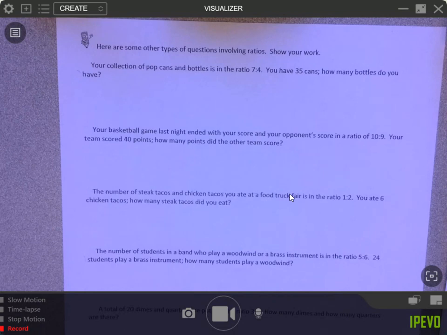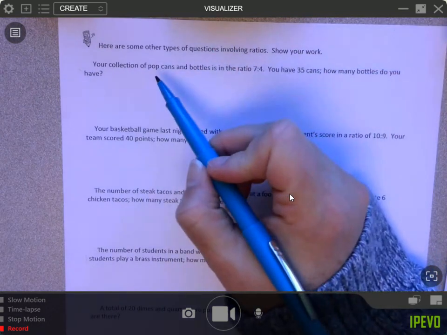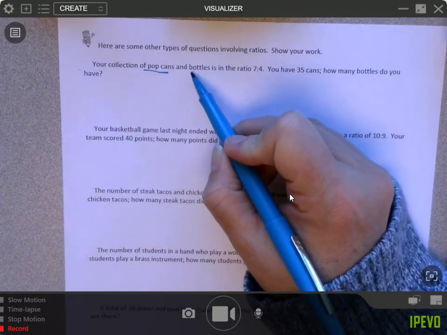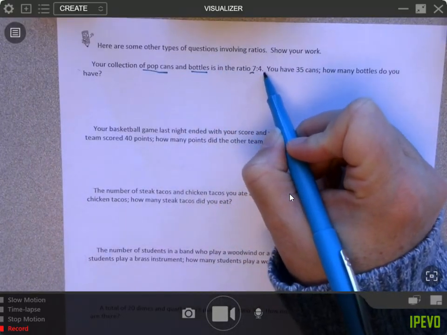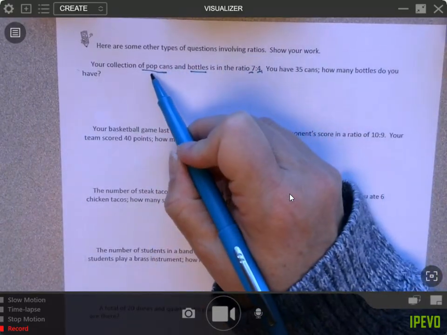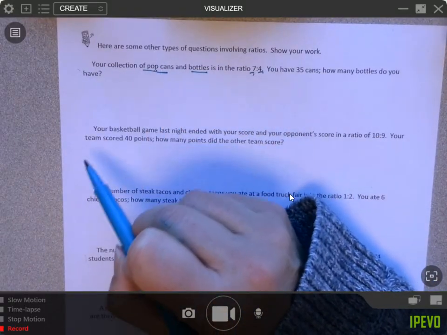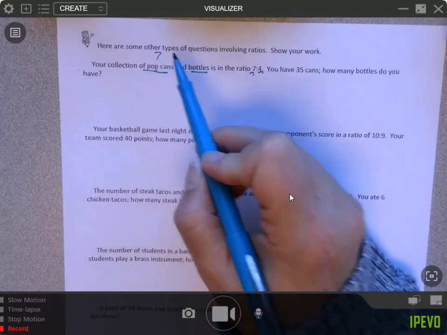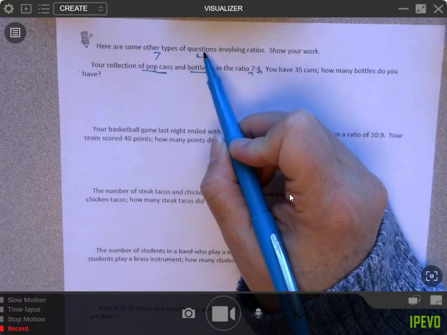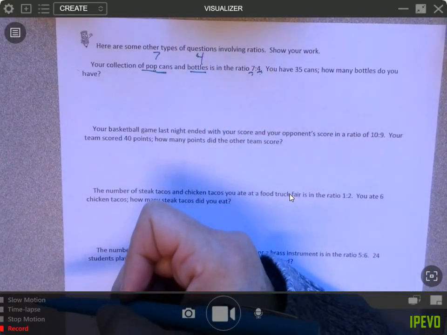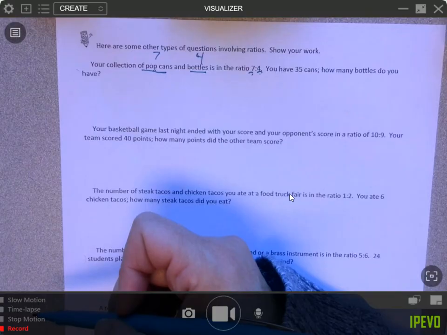Aiden? If it says pop cans and bottles and we have 7:4, we know that first number is going to be the pop cans. The second number is going to be the bottles. It's going to stay in the same order.